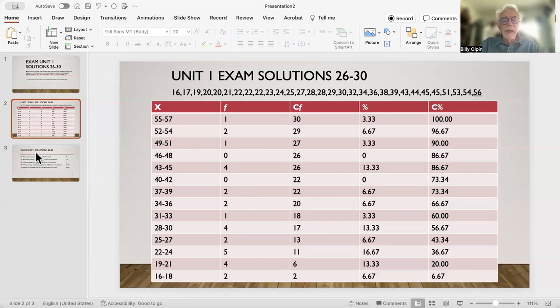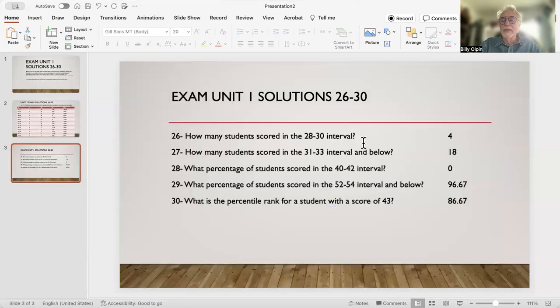Okay. Anyway, so we said how many students scored in the 28 to 30 interval. I just go to the frequency column and the answer is 4. All right. How many students scored in the 31 to 33 interval and below? And here is the key. Many of you just decide to forget about this, drop it, didn't read the full question.